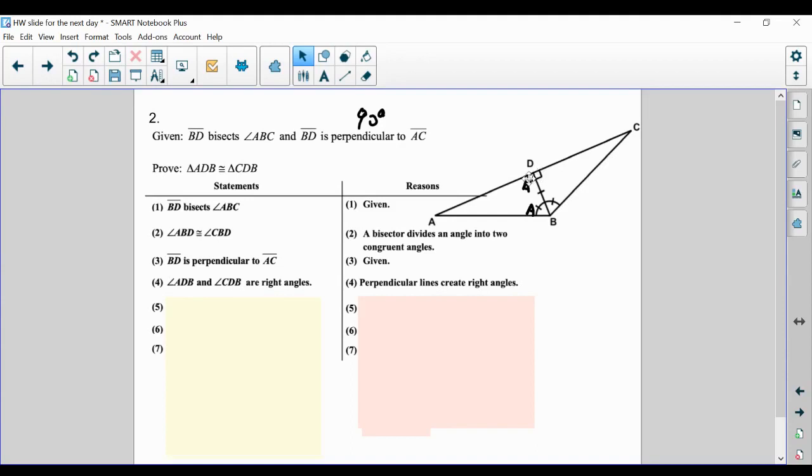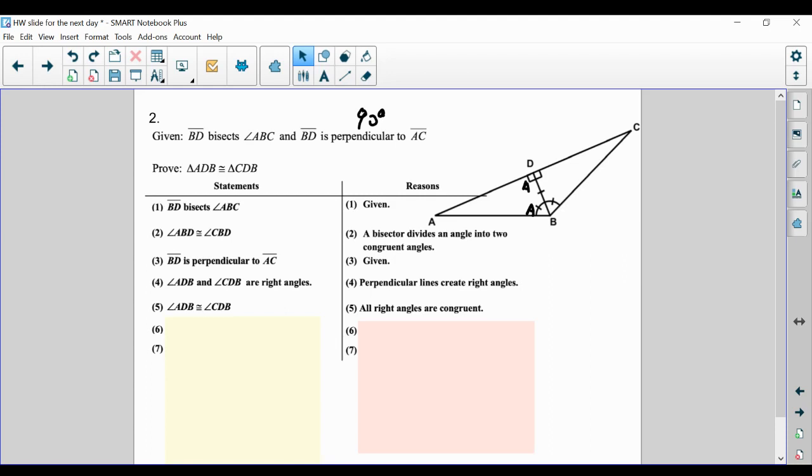The two angles are 90 degrees, so the two angles are congruent. So just saying that angle ADB is congruent with angle CDB. And the reason is all right angles are congruent, or you can say both of the angles are equal to 90 degrees, or both of the angles are right angles. Or all 90-degree angles are congruent. Many different ways to say one meaning.